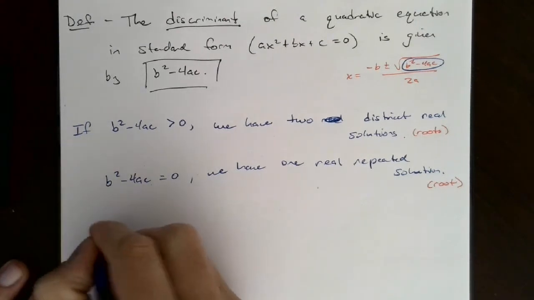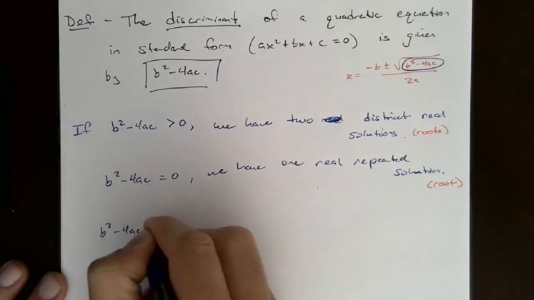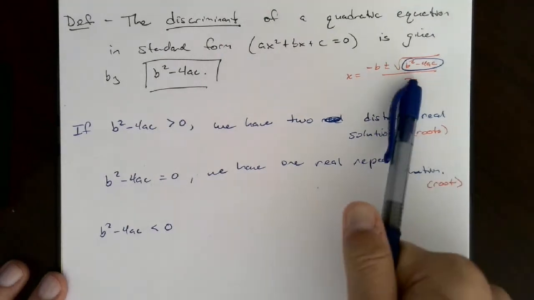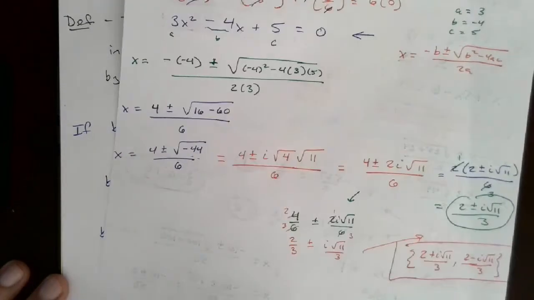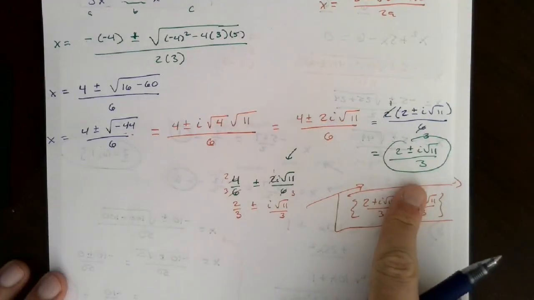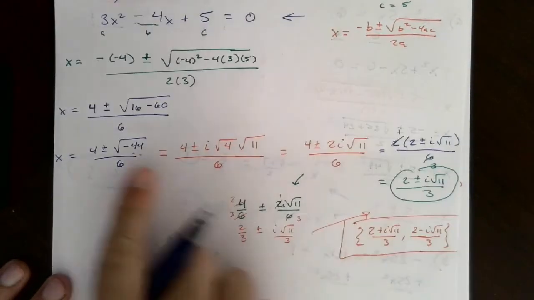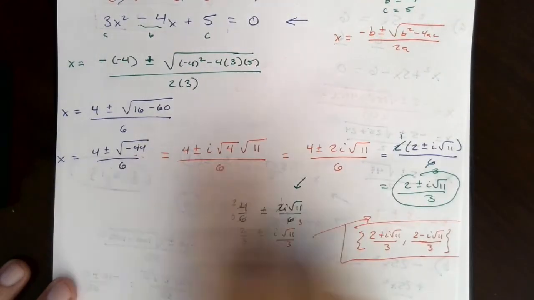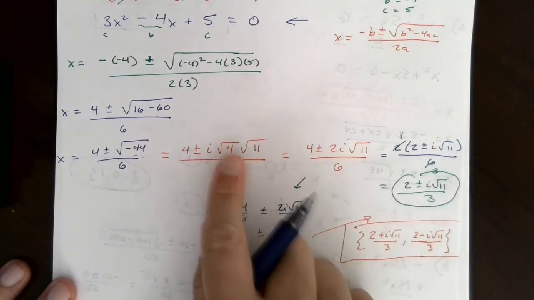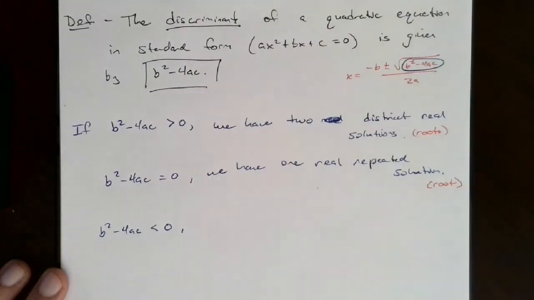And then if b squared minus 4ac is less than 0, meaning the part under the radical is negative, then it's like what we had in our last example here, where you got complex solutions, right? Because this part being negative under the radical, the b squared minus 4ac being negative after you evaluated it, is what allowed us to take out the i, which gave us the imaginary or complex solutions.